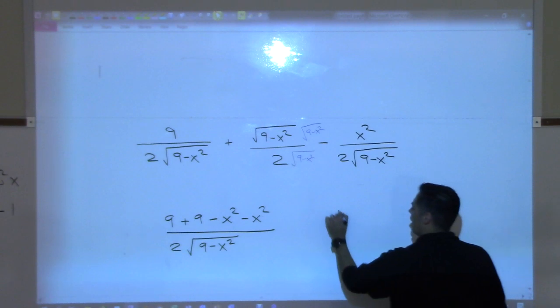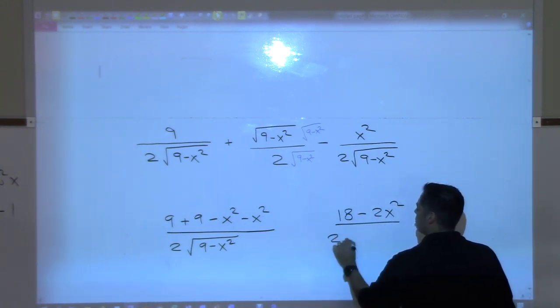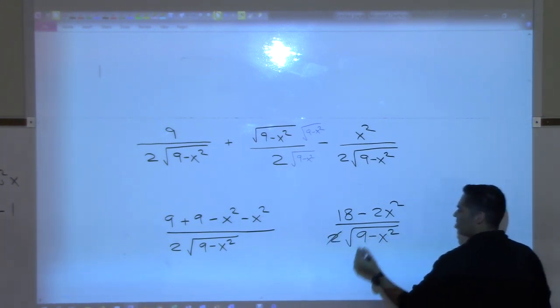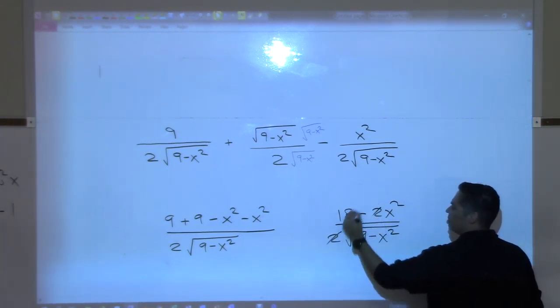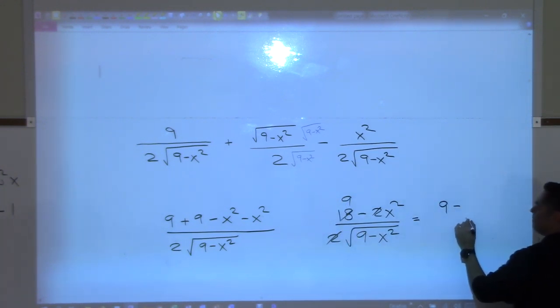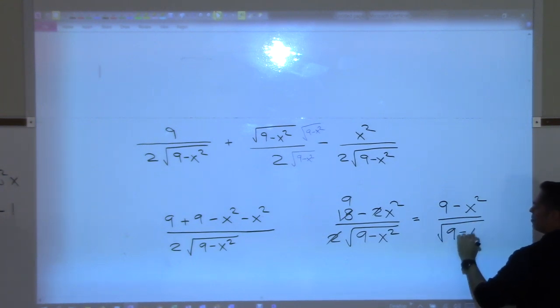Yeah, but that's right. 18 minus 2x squared over 2 root. Oh, yeah, no, I see it. Never mind. It's right. I have to rationalize it. Okay, so let's divide everything by 2. Got it? So we have 9 minus what on top? x squared over the square root of 9 minus x squared.